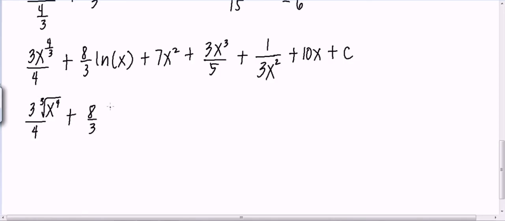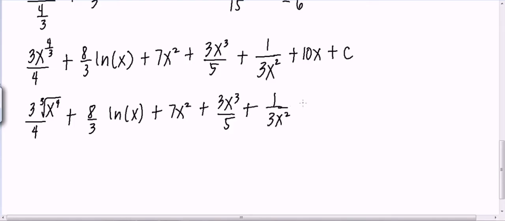Plus 8/3 ln x plus 7x squared plus 3x cubed over 5 plus 1 over 3x squared plus 10x plus c. Okay? So, ito, may isang 3 sa loob nitong 4. So, pwede tayong maglabas ng isa. May matitirang isa. Kasi 4 minus 3 is 1. So, magiging 3x cube root of x na lang. Okay?